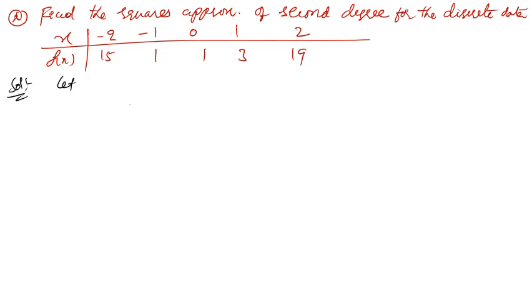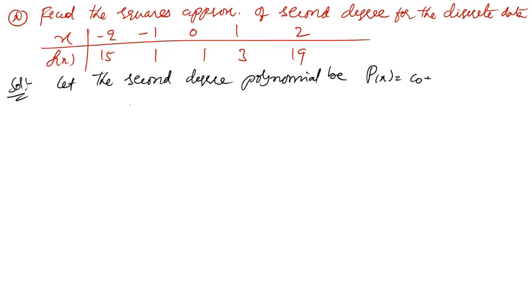Let the second degree polynomial be p of x equal to c0 plus c1x plus c2x square. Equation 1, where f of x is approximated to p of x.